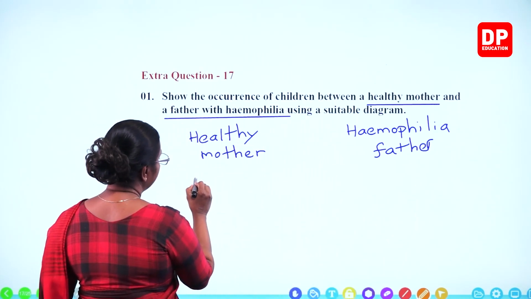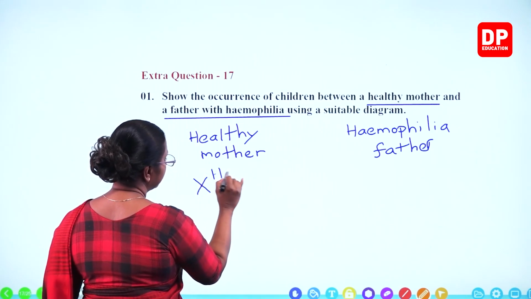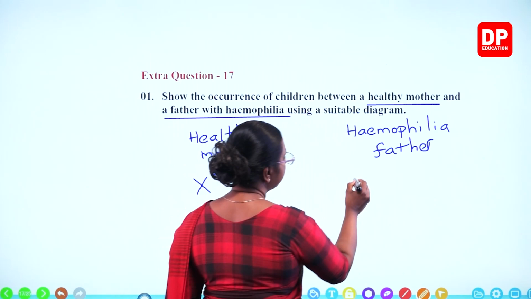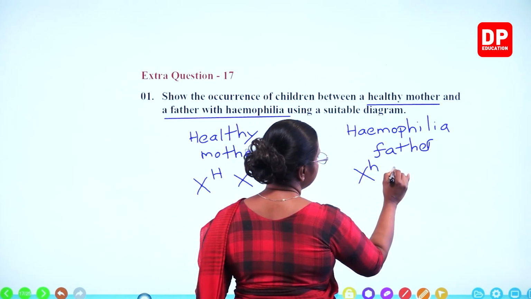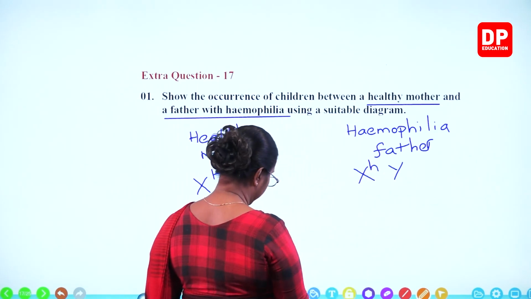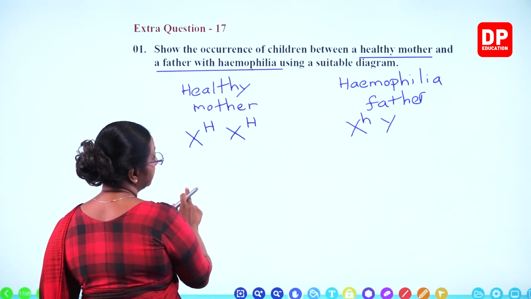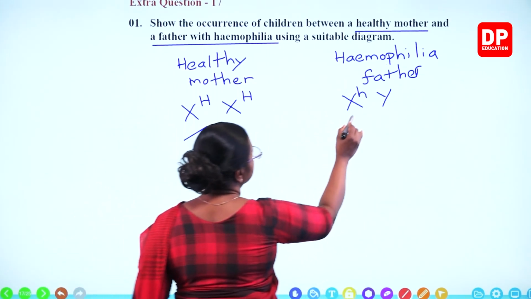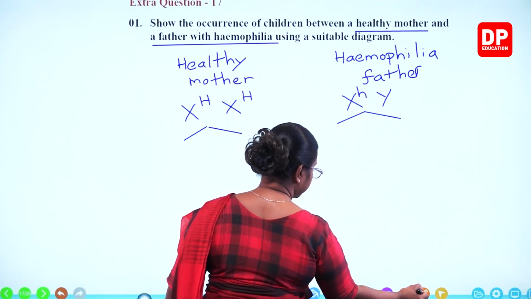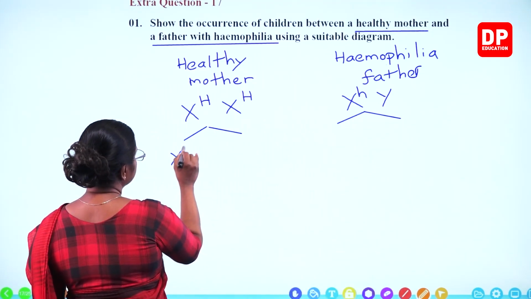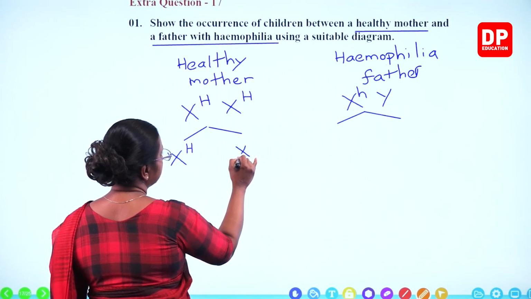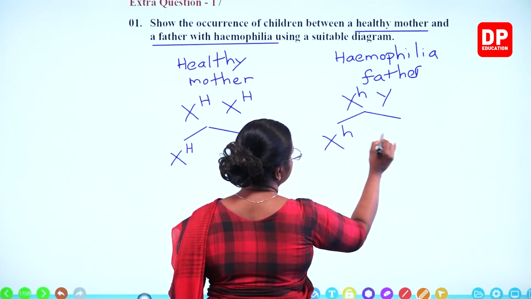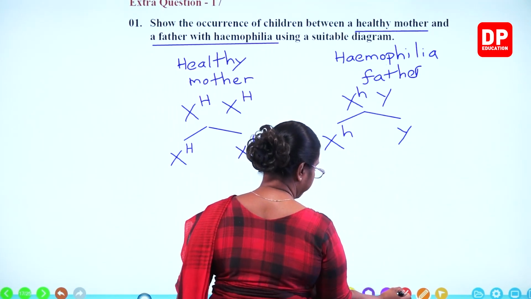So again, healthy mother, X capital H, X capital H. Hemophilia father, X simple H and Y. From there, the eggs and sperms, X capital H, X capital H, X simple H and Y.